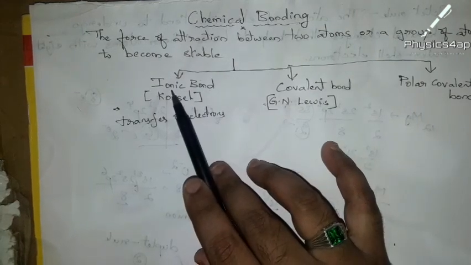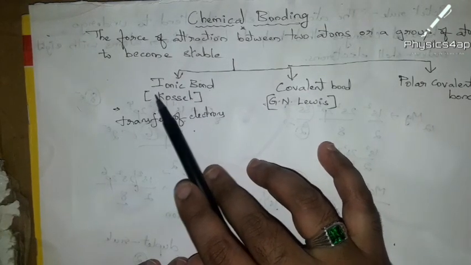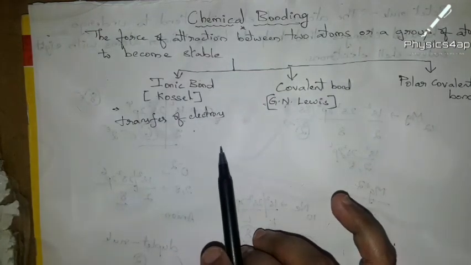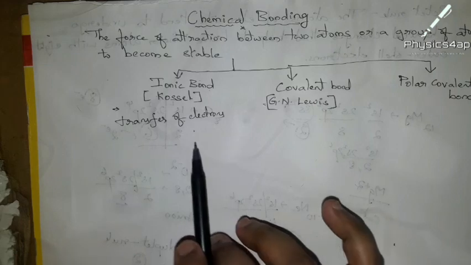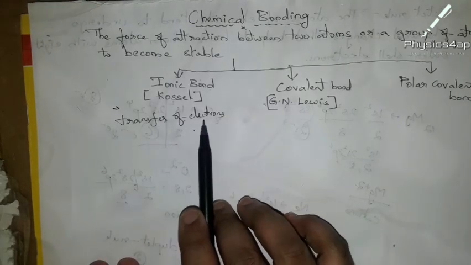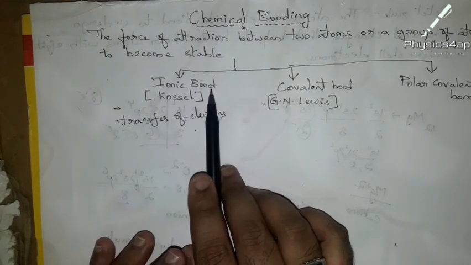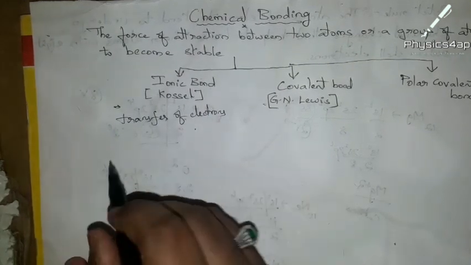As in the name itself, ionic, we get ions over here, that is the cation and anion. Getting cation and anion is done by the transfer of electrons. Now the bond formed between them is called the ionic bond.